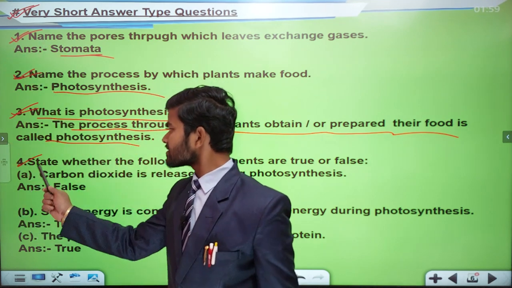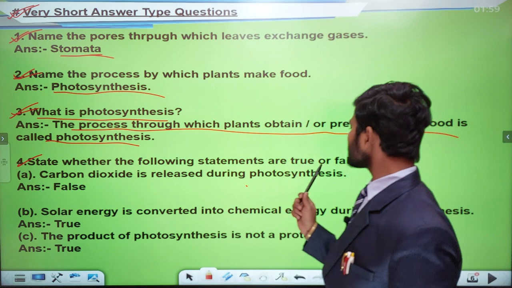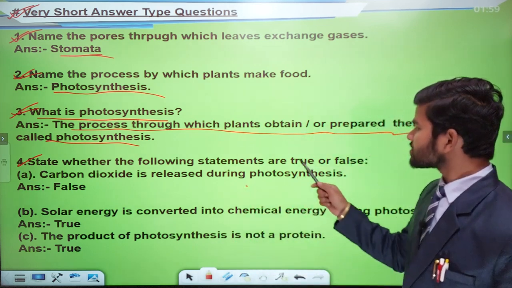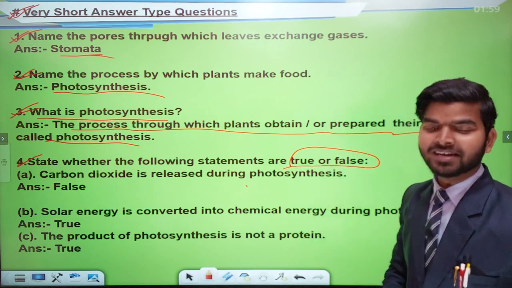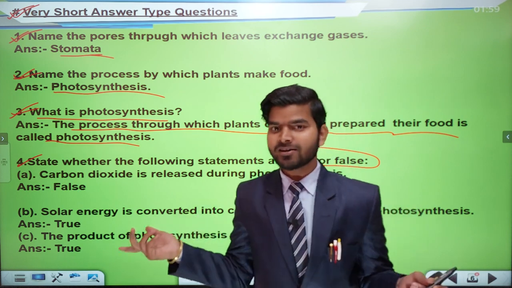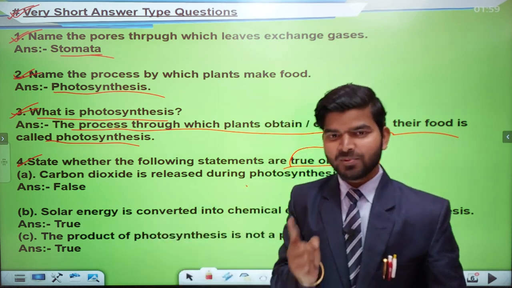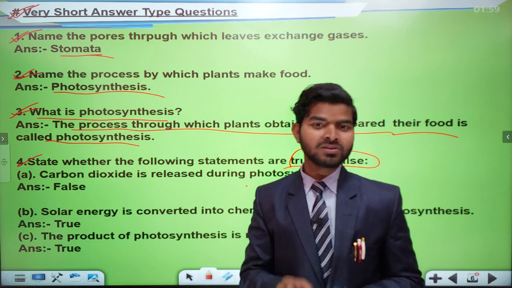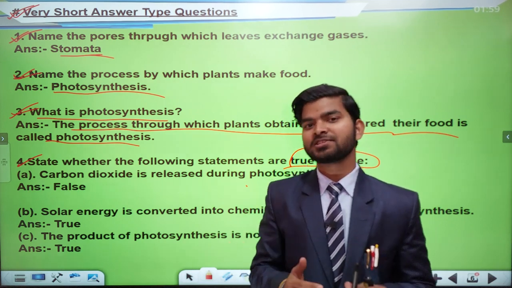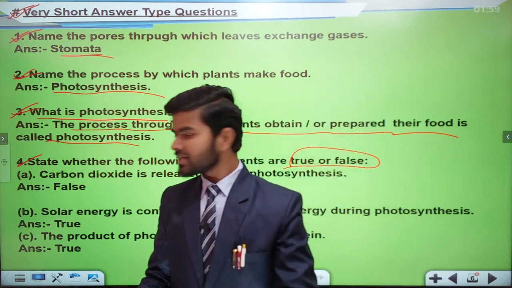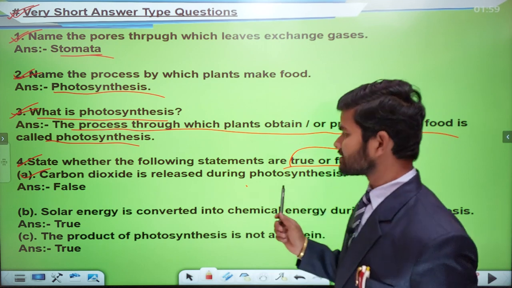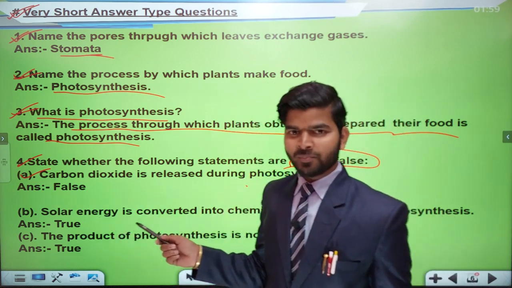Next question is: state whether the following statements are true or false. The questions A, B, C are based upon true or false. I have taught you every topic, so if you want you can also do it by yourself because you have notes and you have learned many different topics in detail. The first one is: carbon dioxide is released during photosynthesis. Is it possible?